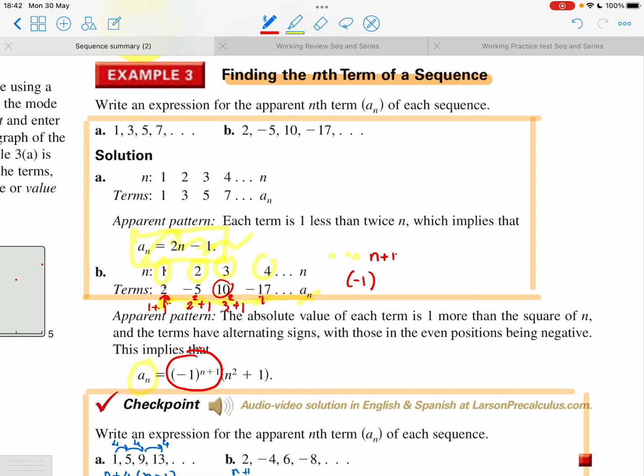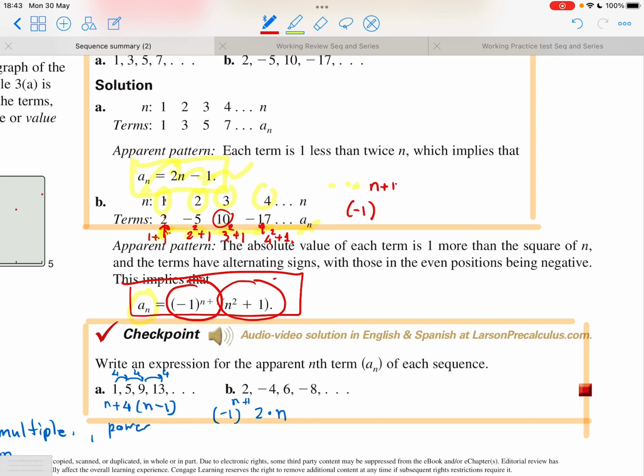It's just trying to see the pattern. 17 is 4 squared plus 1. So the number itself is n squared plus 1. So this is the formula for the sequence.